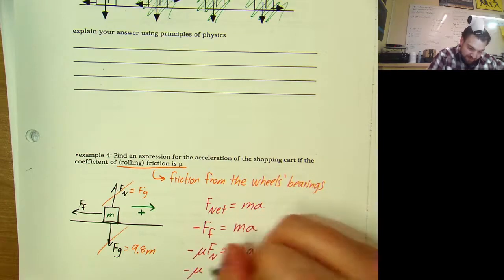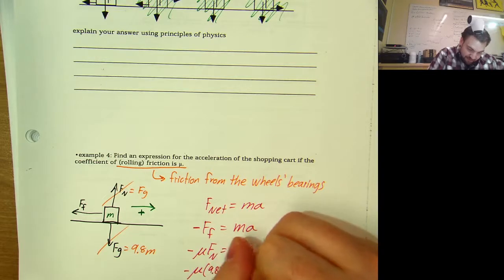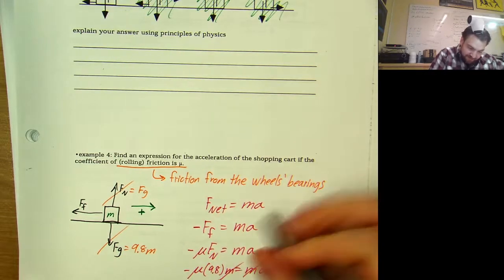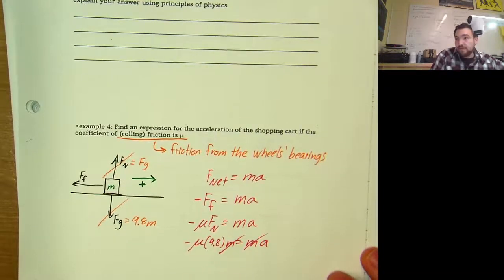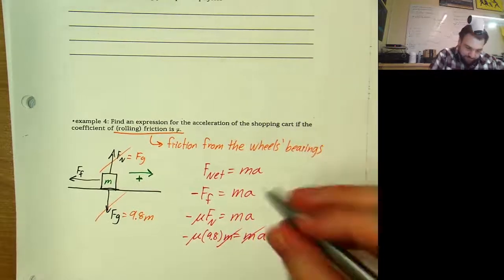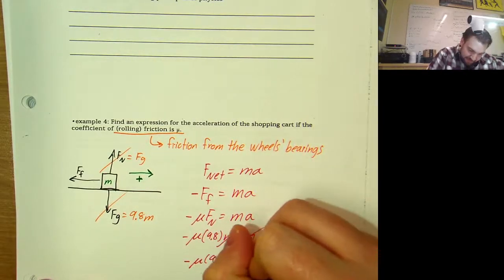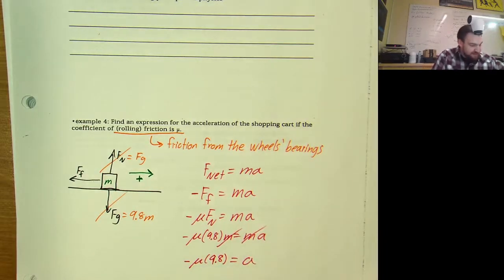Fn equals Fg, so that's going to be 9.8 m equals ma. My m's are going to cancel, and so we're going to get negative mu times 9.8 is equal to our acceleration in this case, which is a fun little result.